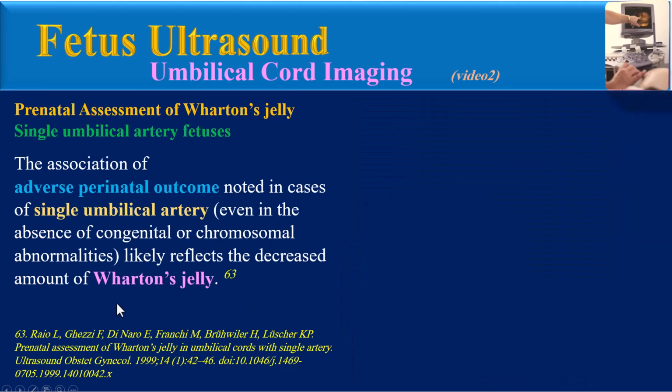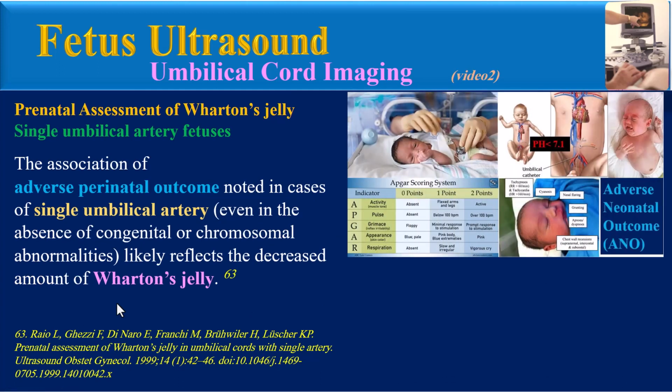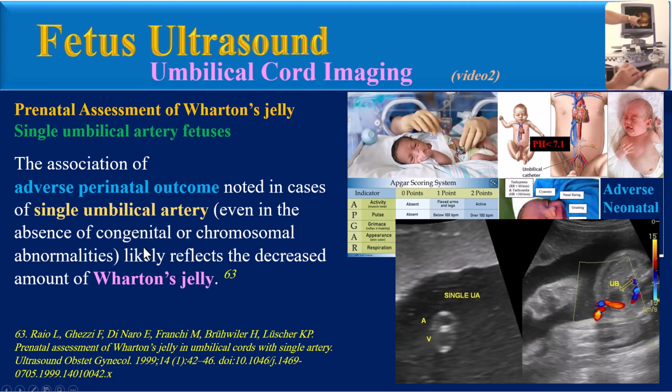The association of adverse prenatal outcome noted in cases of single umbilical artery, even in the absence of congenital or chromosomal abnormalities, likely reflects the decreased amount of Wharton jelly.